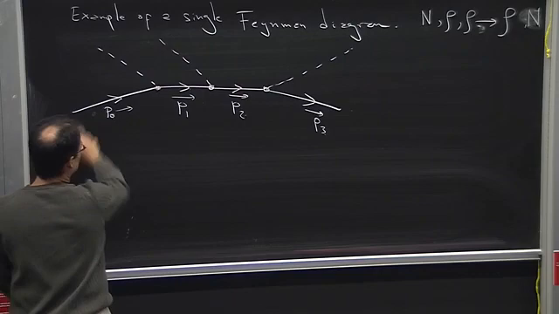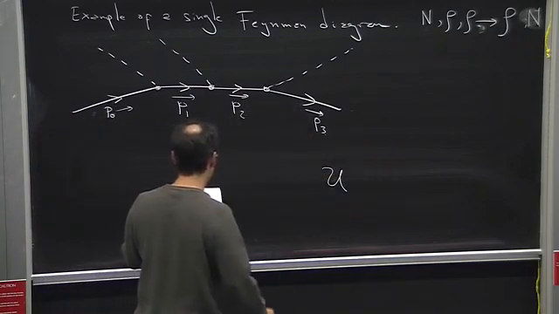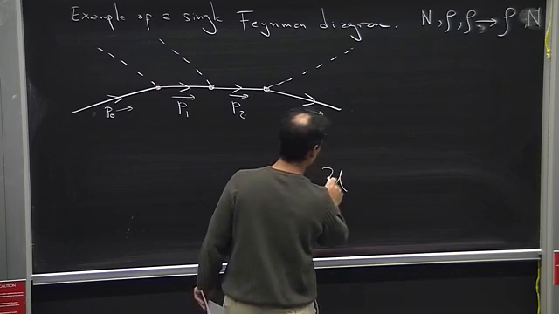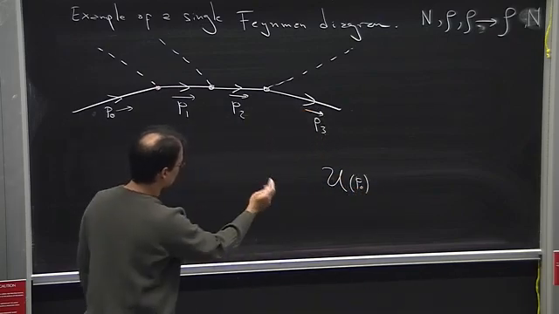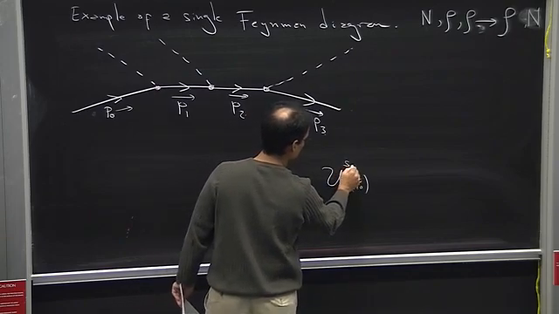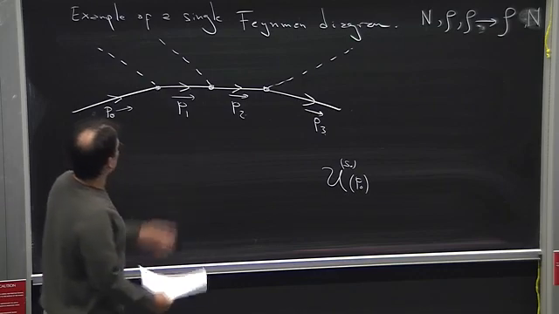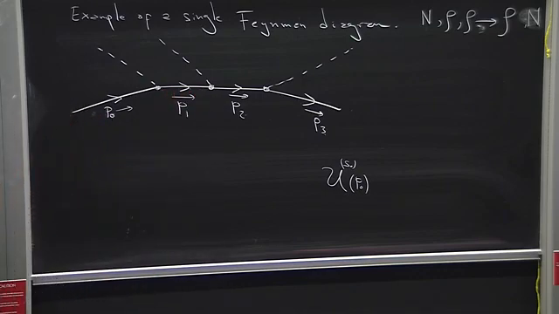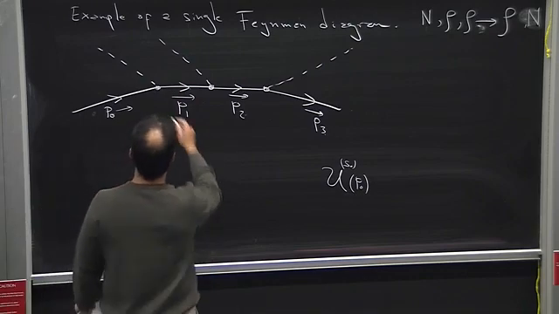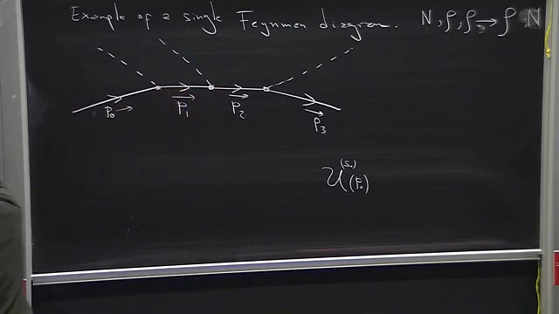So we start with this guy, and we write it on the right. U of P0, of course, with some spin index, say. Then what should I write here? Let's follow first the rules that I had here.